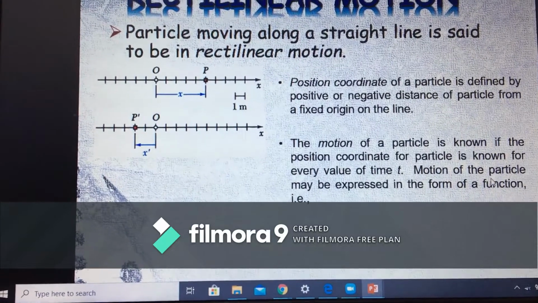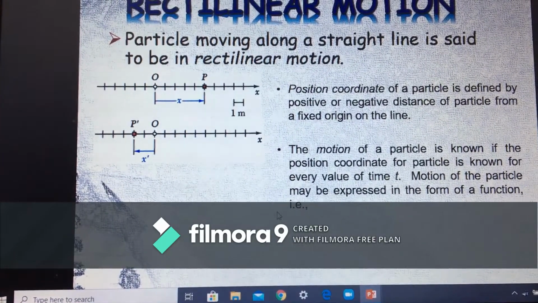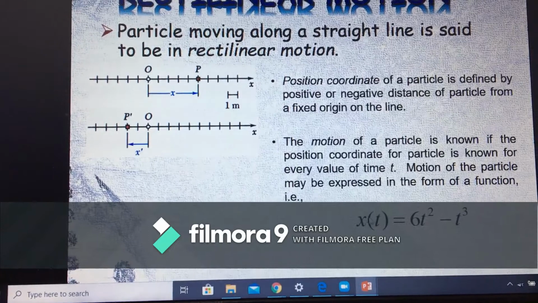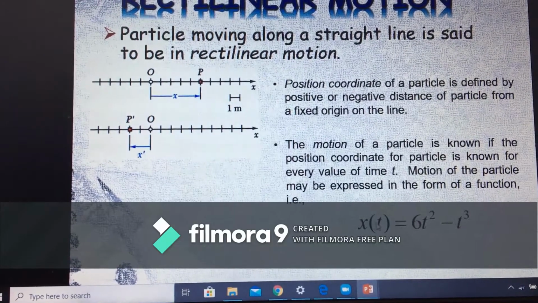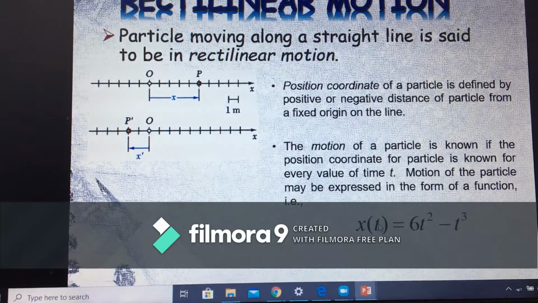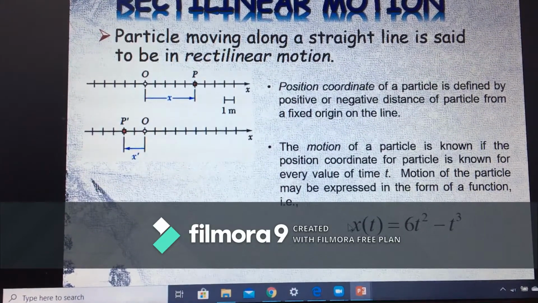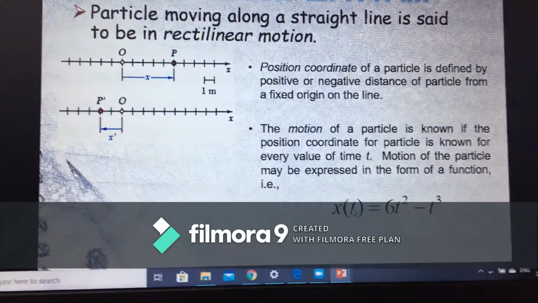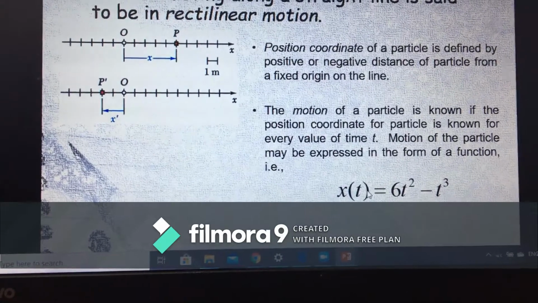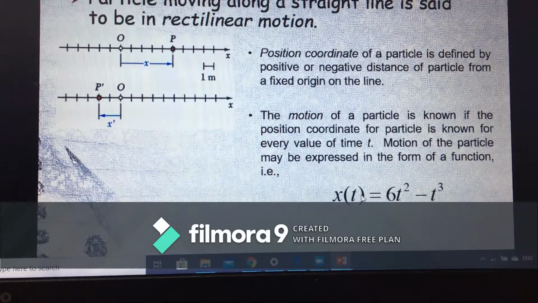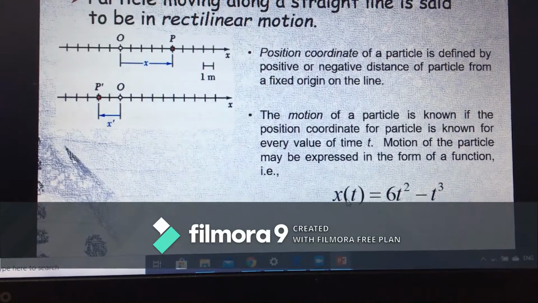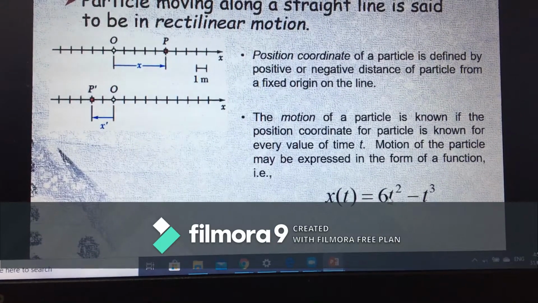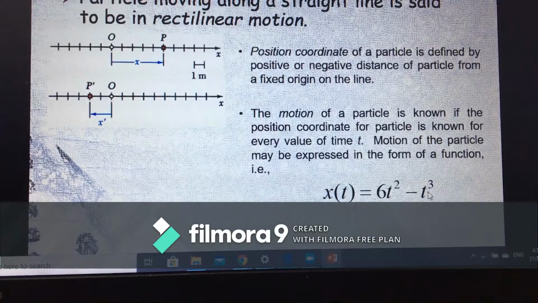The motion of a particle may be expressed in the form of a function. So we can have this function x as a function of t. Here x is the distance traveled by the particle with respect to time. For example, the motion of the particle is given as a function of time: x equal to 6t squared minus t cubed.